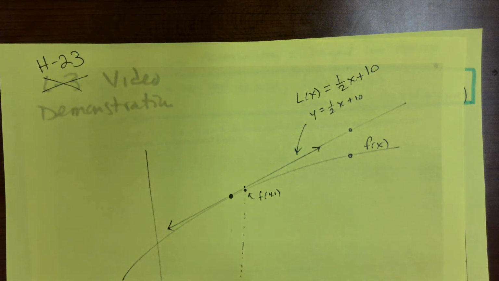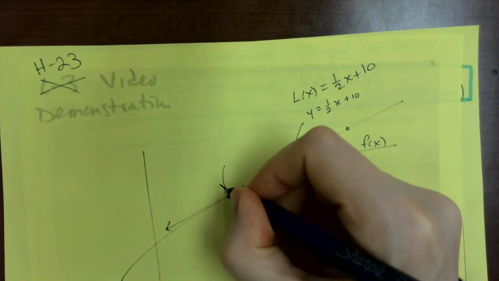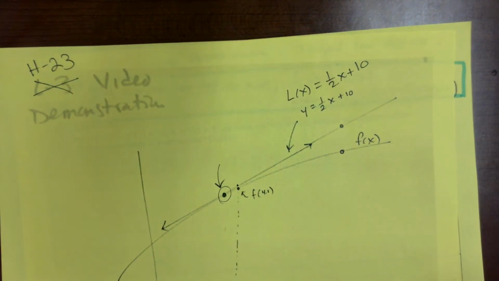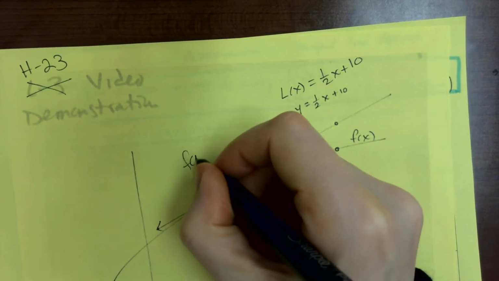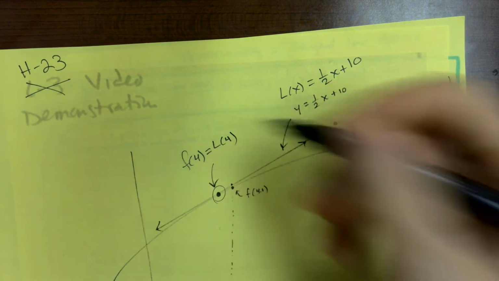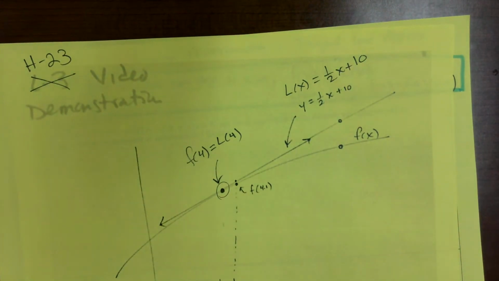Right at the point of tangency, you could see that f of 4 is exactly equal to what you get if you plug 4 into the tangent line.